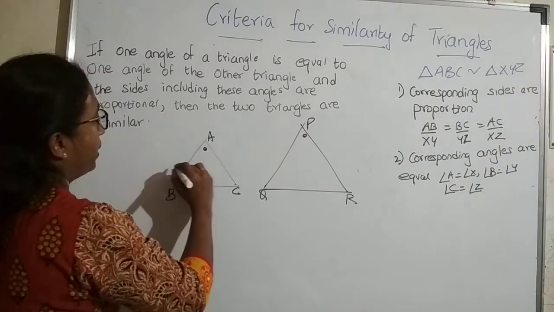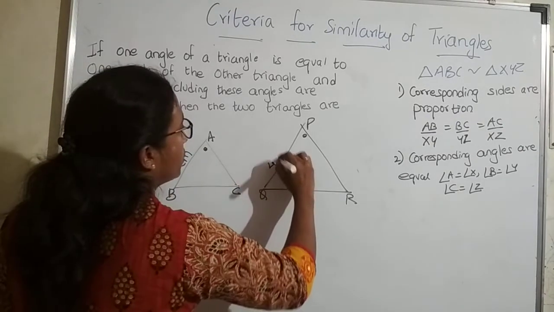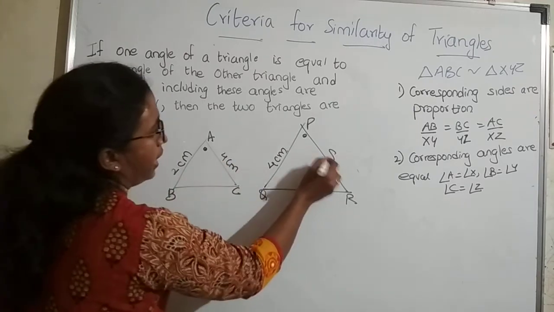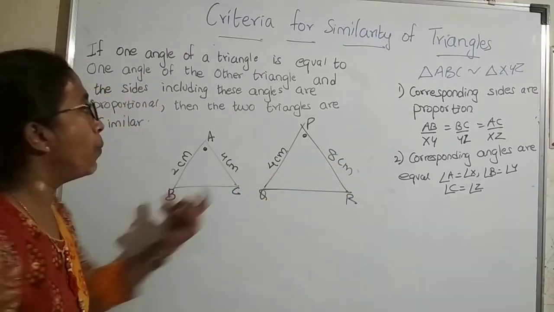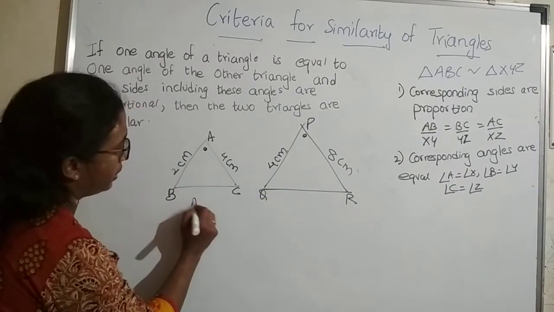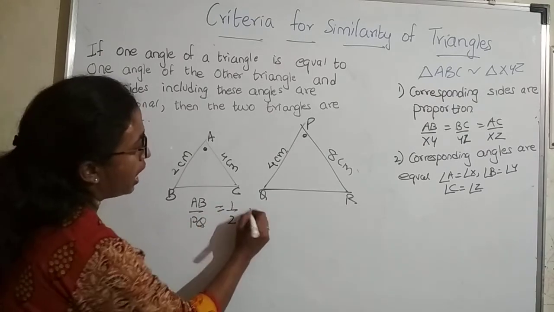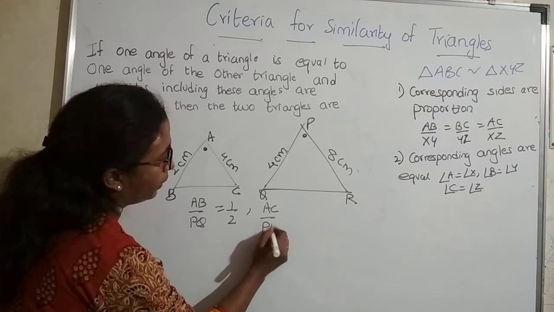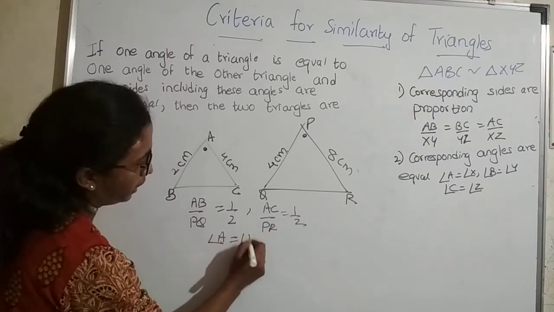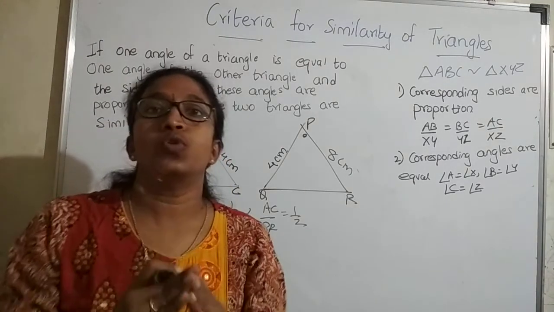So for example, if I say this is 2 centimeter and this is 4 centimeter, and suppose this is 4 centimeter and this is 8 centimeter if I take. So I took 2 upon 4, that is half, 4 upon 8. So if the two sides are proportional, means AB upon PQ equals half and we find that AC upon PR is also equal to half, and we find that angle A is equal to angle P. So two sides are proportional and the included angle is also equal.